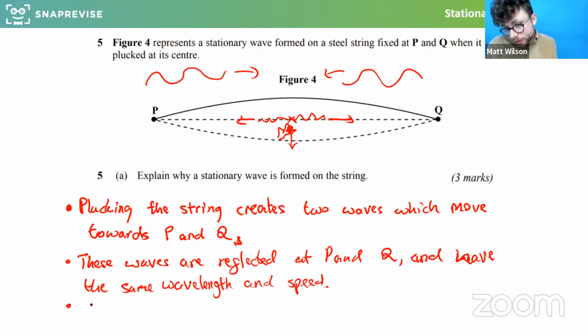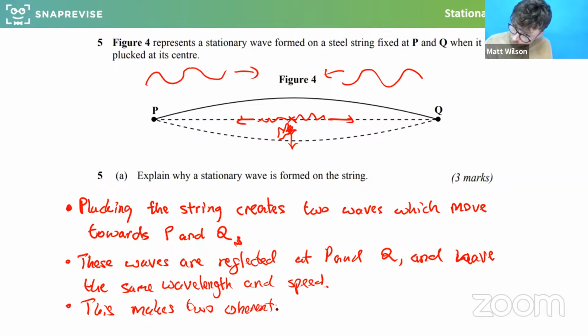So as a result, this makes 2 coherent waves passing in opposite directions.